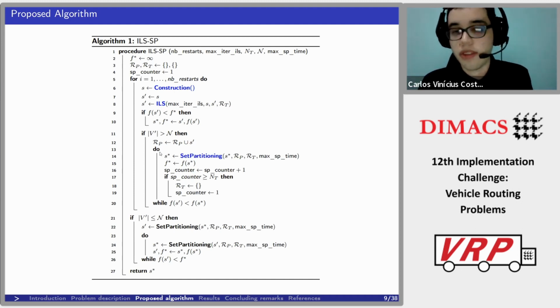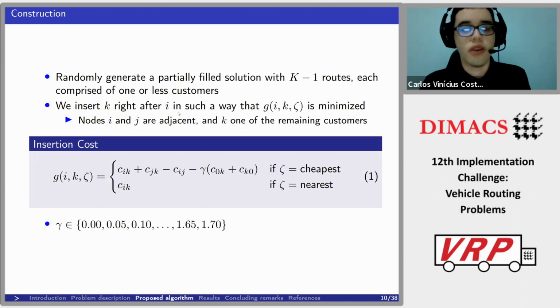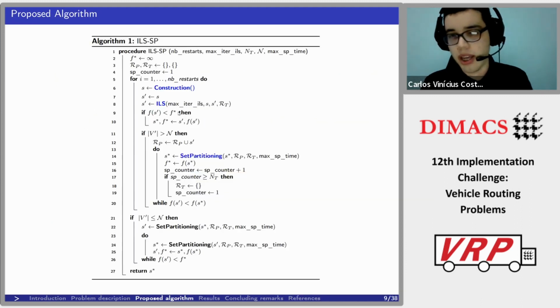And depending on the size of the instance, we perform the set partitioning procedure during every restart, or if it's small enough, according to this parameter, we do it only at the end of the algorithm. During the ILS procedure, we also fill the temporary route pool with routes which were obtained during local search. I'm going to explain those highlighted procedures.